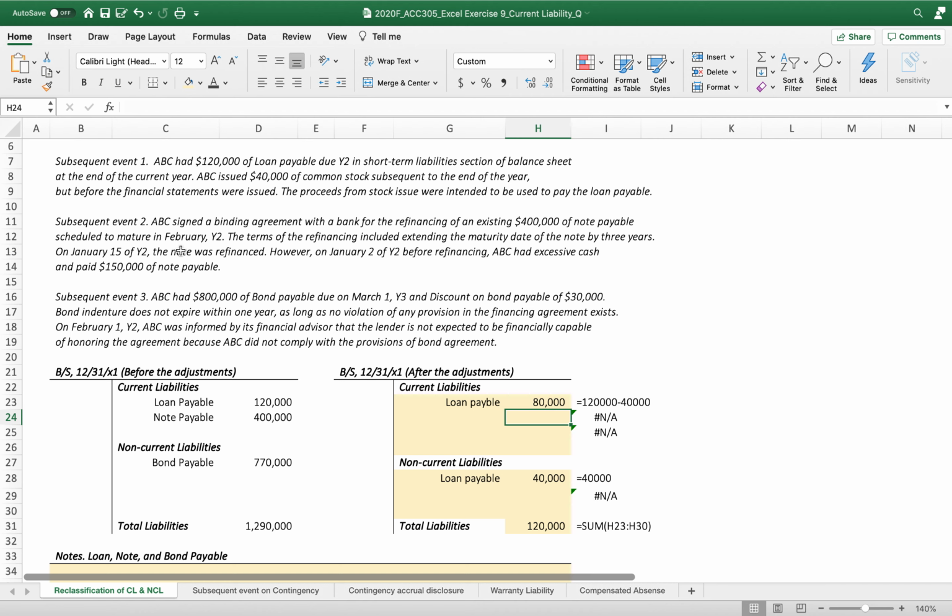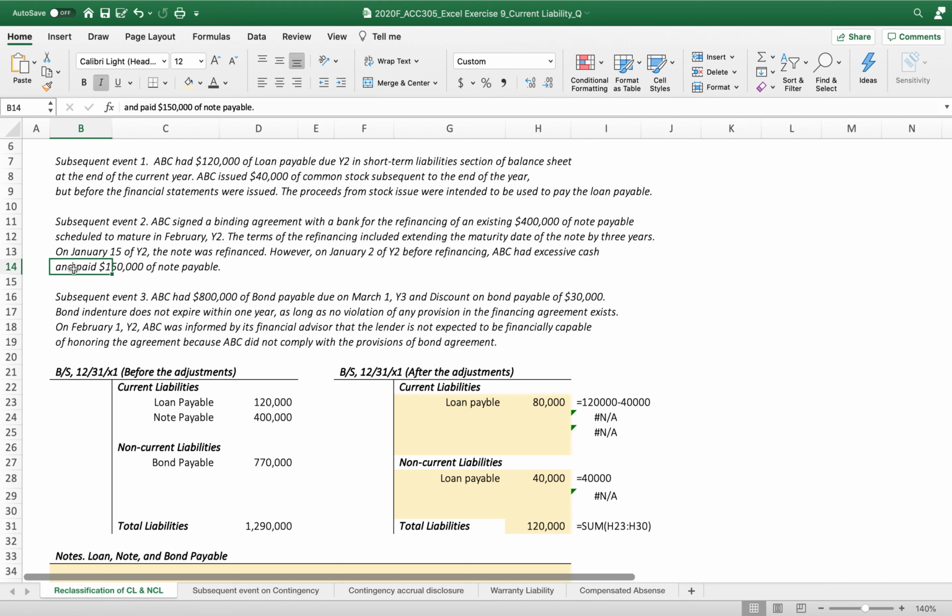On January 15th of year 2, the note was refinanced. So that's good, it should be reclassified as non-current liability. But the point is that on January 2nd of year 2, before the refinancing, ABC had excess cash and paid $150,000 of the note payable.